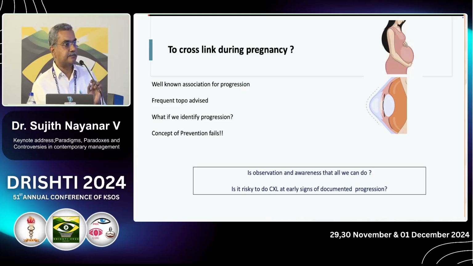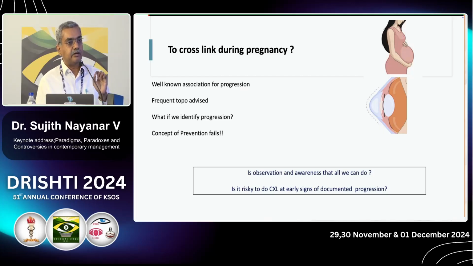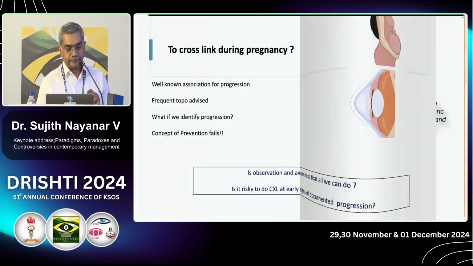The thing is, if she happens to have any complications, like a corneal infection or a therapeutic keratoplasty, we may not be able to take up that patient for further treatment. So having that in mind, we tell them not to go for C3R, and it's not due to any bad effects of the UV rays on the mother or the baby.